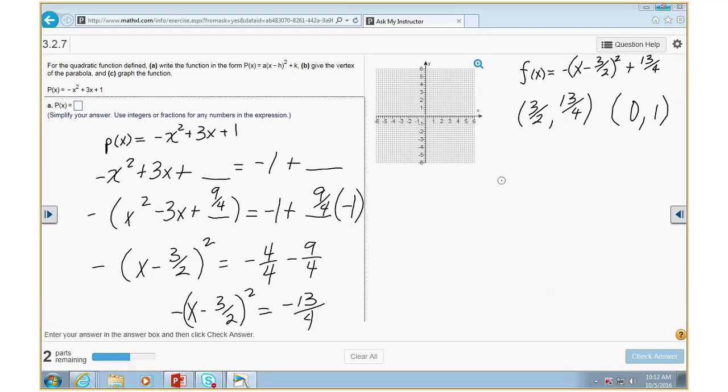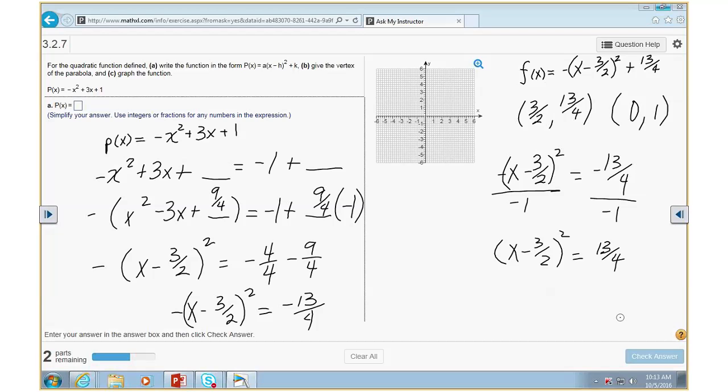And negative x minus 3/2 quantity squared is equal to negative 13/4. Divide by negative 1. x minus 3/2 quantity squared is equal to 13/4. And take the square root of both sides, you get x minus 3/2 is equal to square root of 13 over 2.